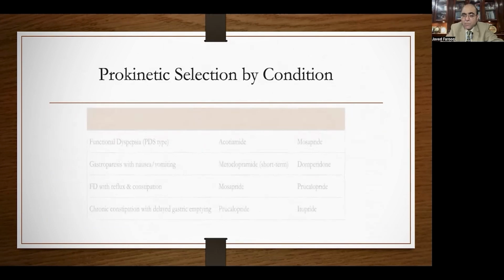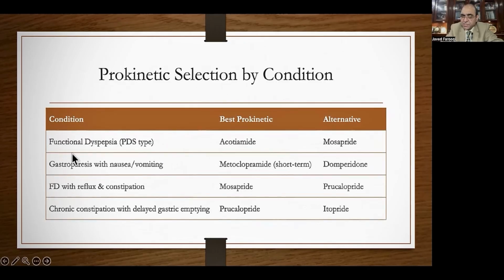So, how can we select the prokinetics by the condition? In functional dyspepsia PDS type, the best prokinetic is Acotiamide and the alternative is mosapride. Similarly, in gastroparesis with nausea and vomiting, the best prokinetic is metoclopramide in short-term use and domperidone is an alternative for long-term use.